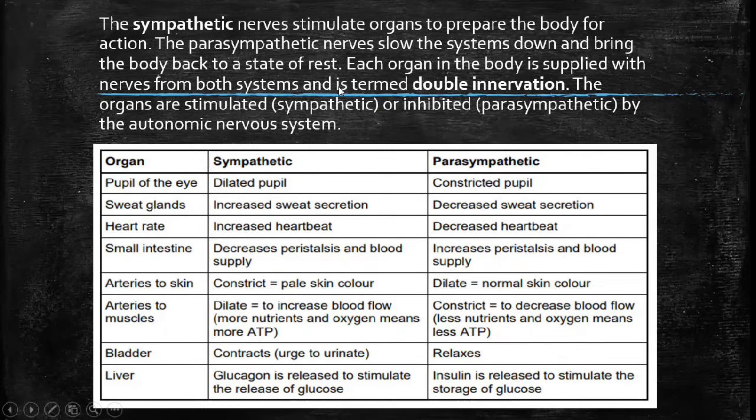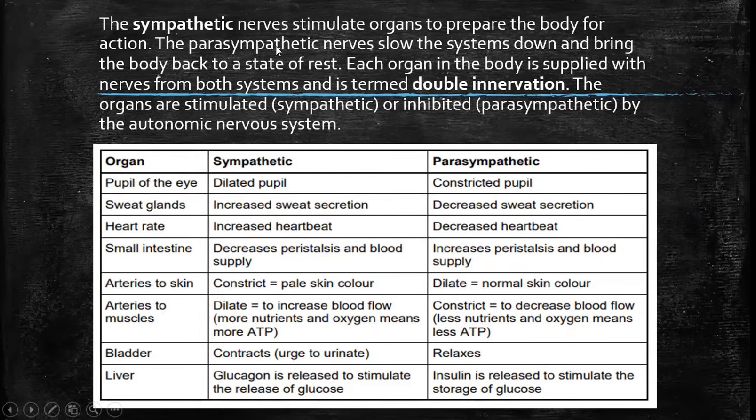Now, what you need to know is that the sympathetic nervous system is what we call fight or flight. When you are scared or frightened, this sympathetic nervous system is stimulated and then it prepares the body for action.